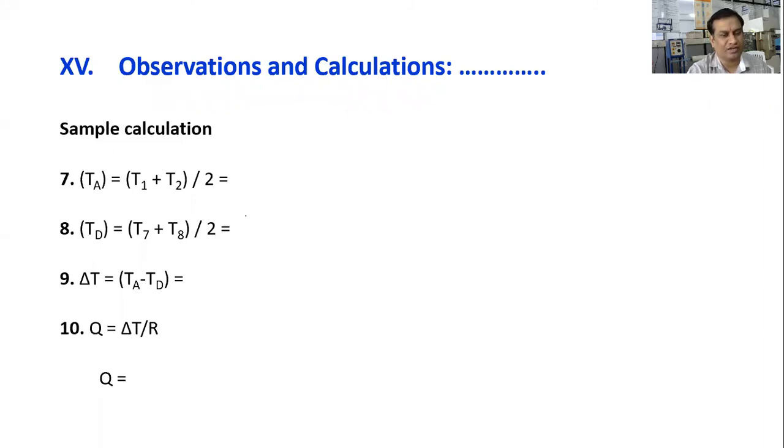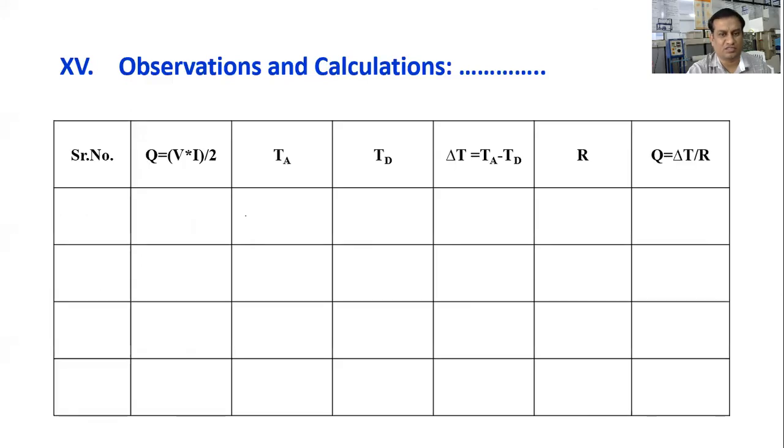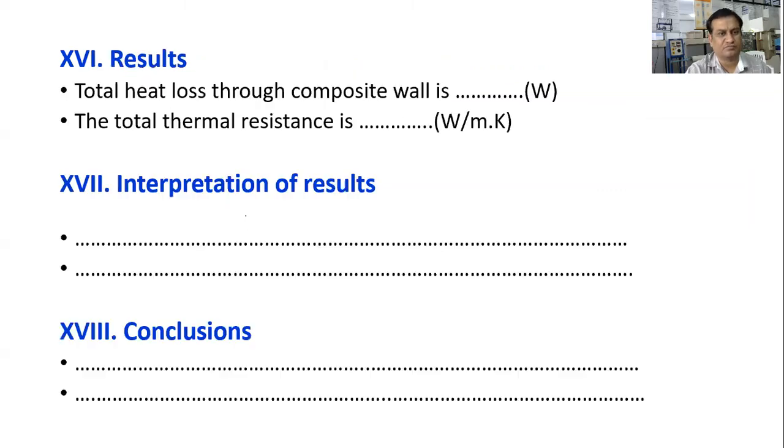So we have calculated this rate of heat transfer with the help of this ratio, that is driving force to the total thermal resistance. If you are going to change these voltages, then obviously the temperatures are going to change, and on the basis of this TA, TD values, delta T values, R values and capital Q values are also going to change, right? So for the different voltage values, the values of capital R and Q are also going to change.